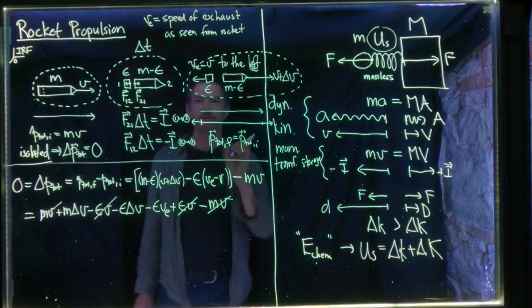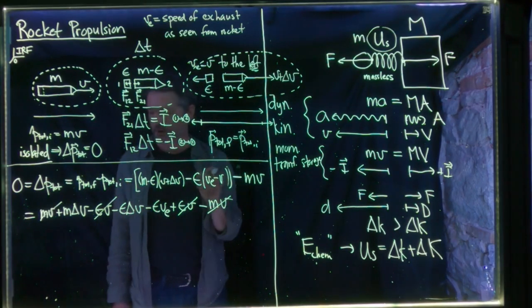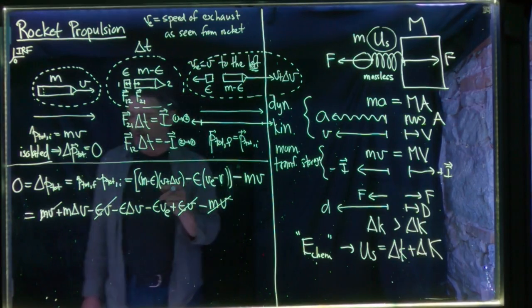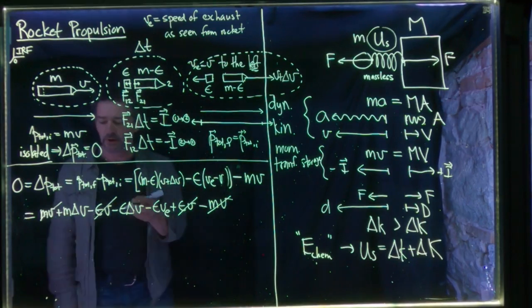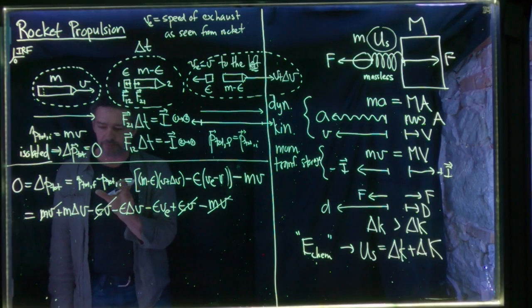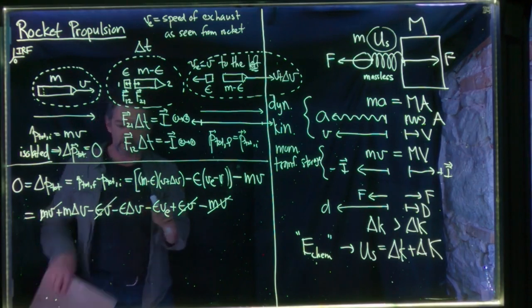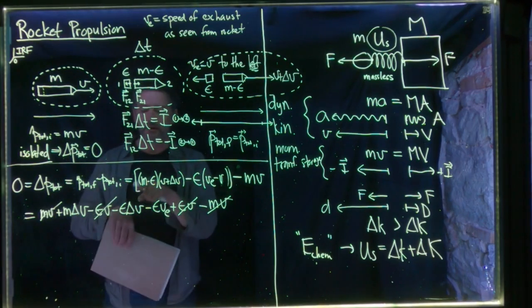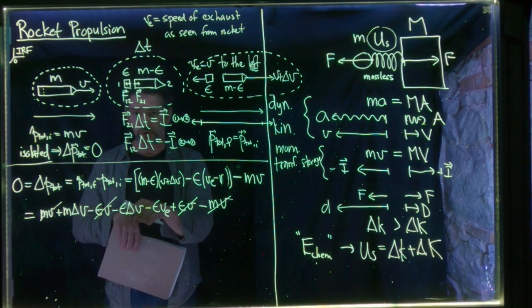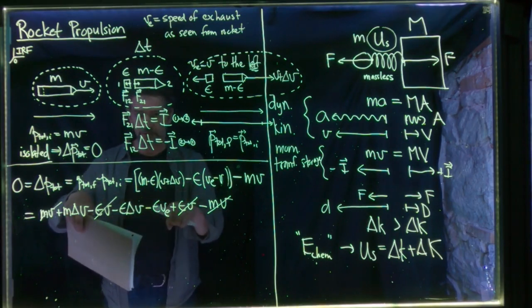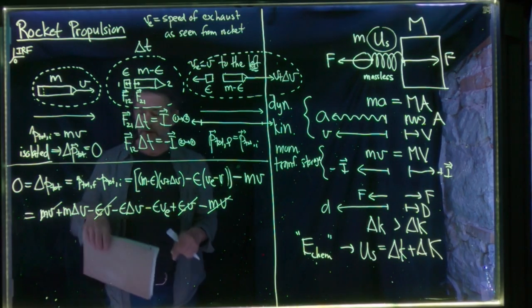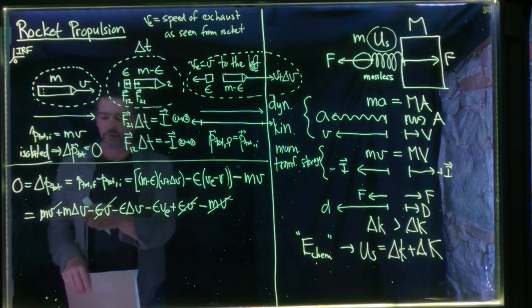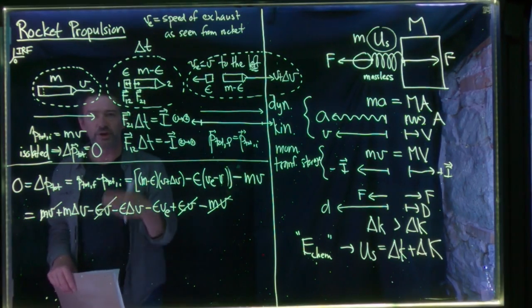Okay? But now here's a super important point, which sometimes causes some confusion. So let me try to explain this clearly. The point is that this term is negligible in size compared to these two terms and can be ignored. And so why is that? Well, so this term delta v, the change in velocity, is the acceleration times the change in time.